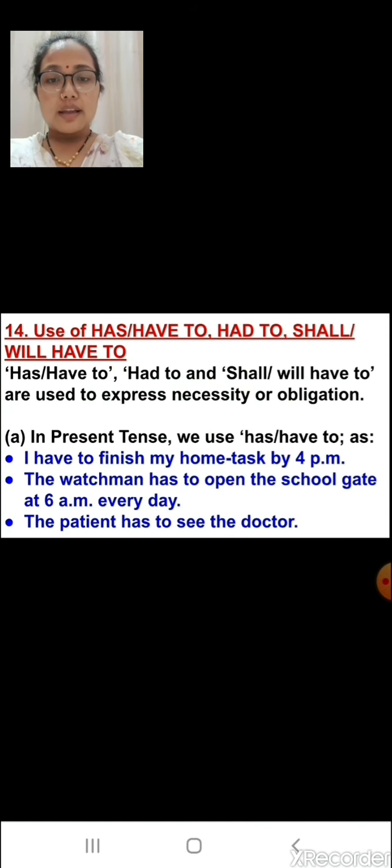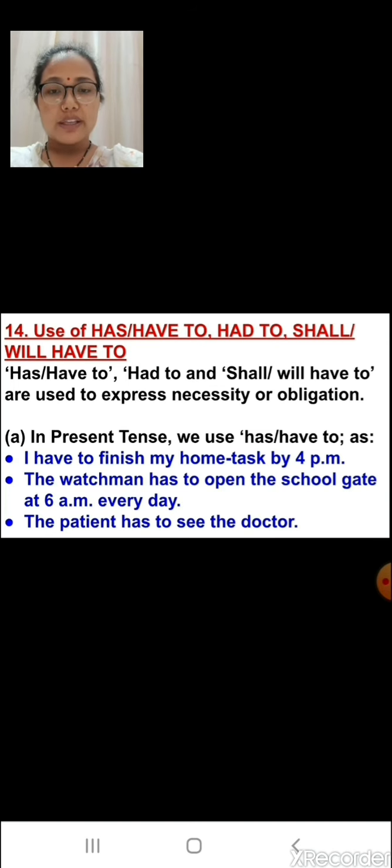Now, the last one is the 14th one, use of has to, have to, had to, shall have to, will have to. These are used to express necessity or obligation.